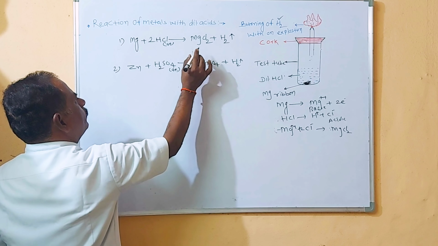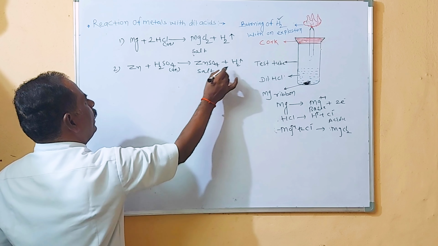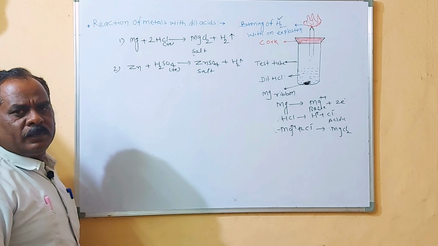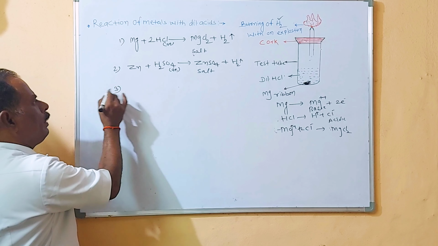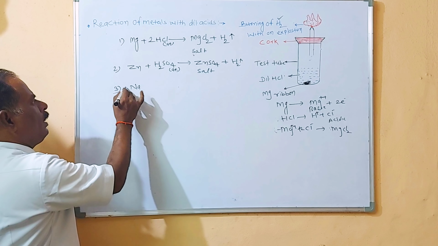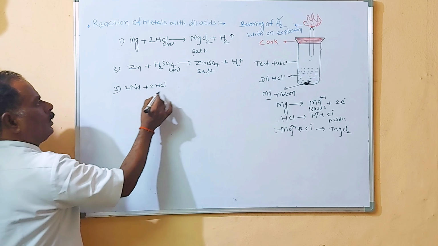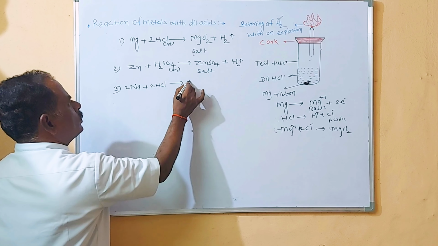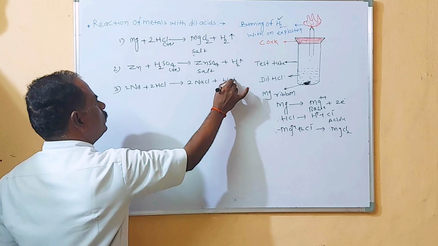MgCl2 is a salt, zinc sulfate is also a salt, and hydrogen gas is liberated. Understand? Take another example: sodium metal treated with hydrochloric acid forms sodium chloride salt and liberates hydrogen gas.